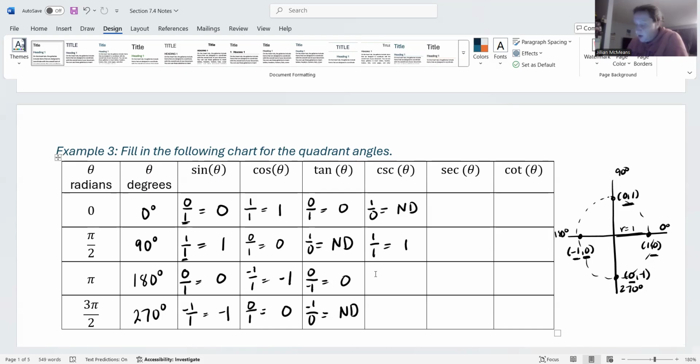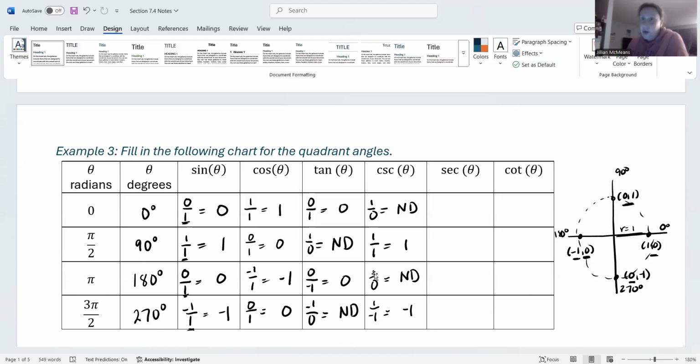At 180 degrees, we have 0 over 1 for sine. The reciprocal of that is 1 over 0, so cosecant is not defined at 180 degrees. Okay. And then for 270 degrees, or 3 pi over 2 radians, sine is negative 1 over 1. That would make cosecant 1 over negative 1, or negative 1.